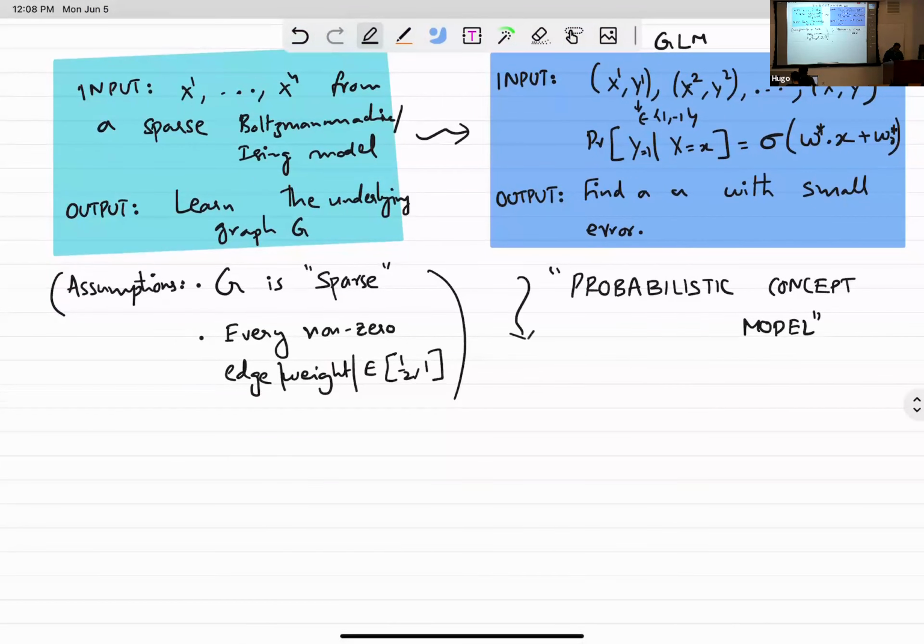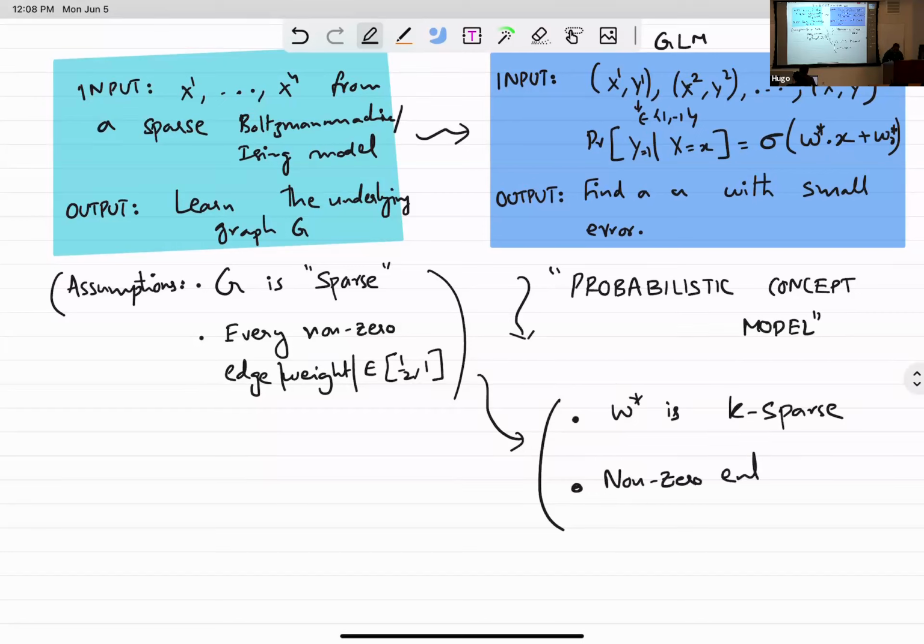So we want to do this. And what are the assumptions that we have? The sparsity assumption on the graph means that W star is K sparse and non-zero entries are between 1, 2 in absolute value.